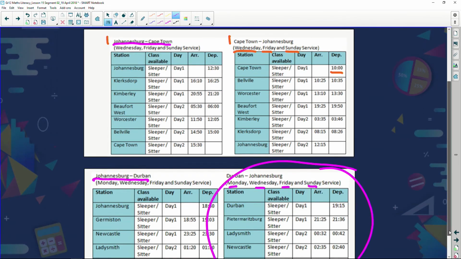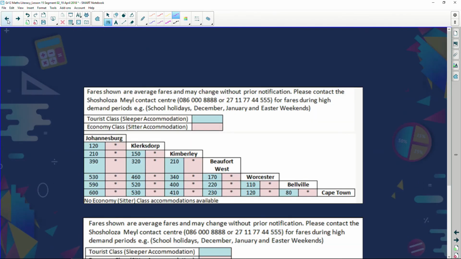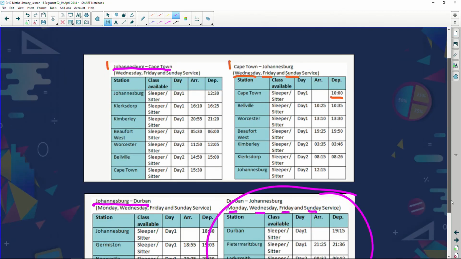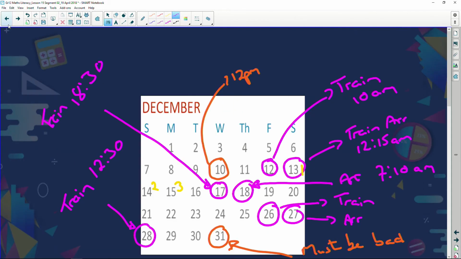Well, it departs Durban at 7:15 in the evening, or 19:15, and it arrives at 7:45 the next morning. So 7:15 is 7:15 p.m. and we arrive at 7:45 a.m.